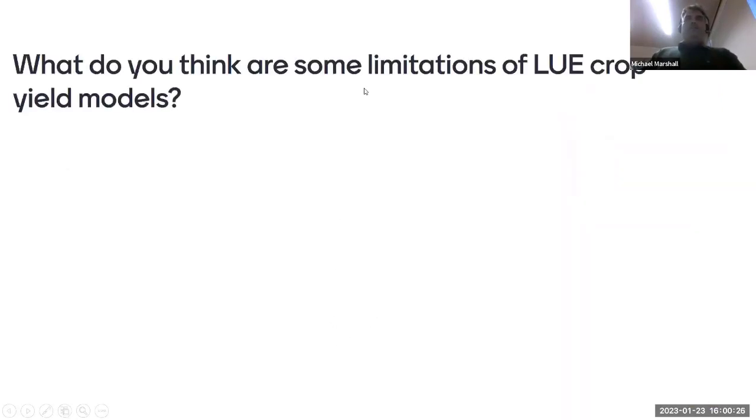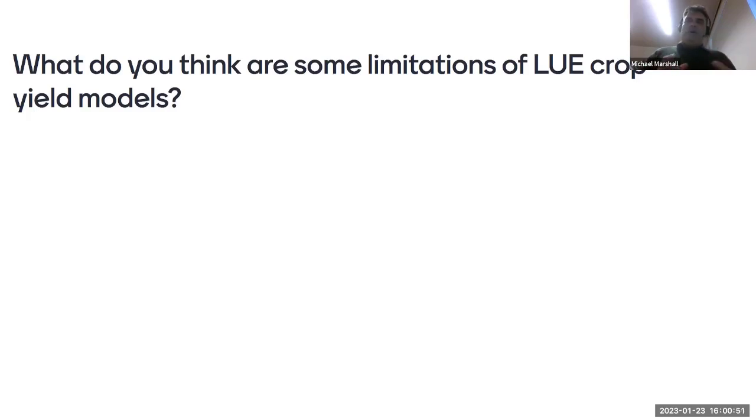Okay, so I think this is kind of a wrap-up question. What do you think are some limitations of light use efficiency on crop yield models? Yeah. So basically, we've talked about it already, but I just want to see if you've sort of absorbed the information.